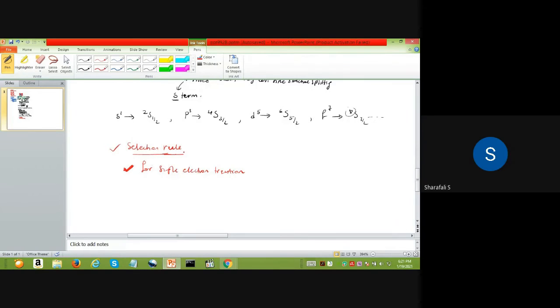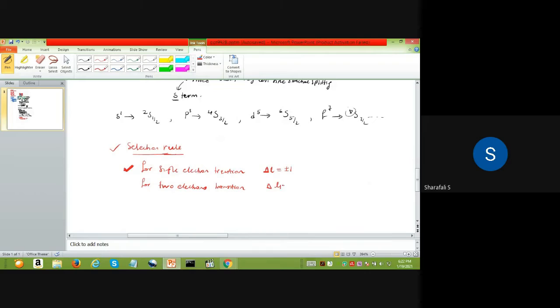That rule is given by: for a single electron transition from one state to another, delta L should be equal to plus or minus 1. And for the case of two electron transitions, we have two L values.